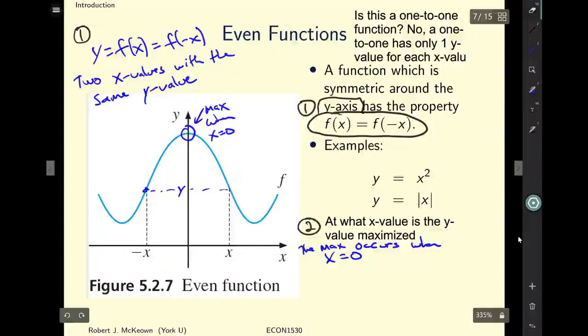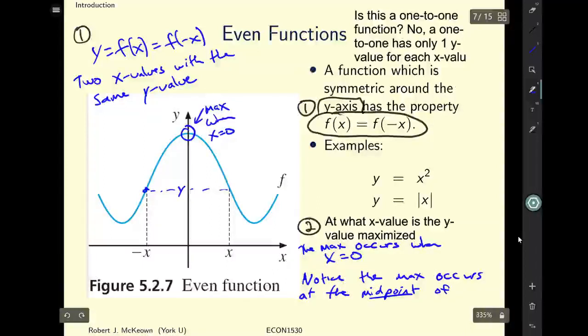Now that's only because it's symmetric around the y-axis. What's the real punchline here? Notice the max occurs at the midpoint of x and negative x.